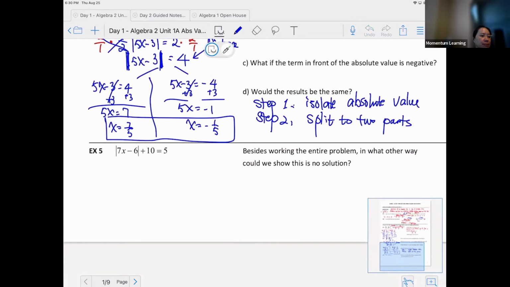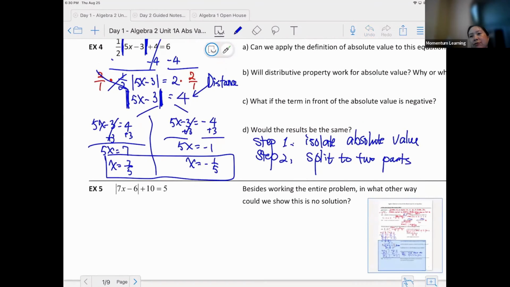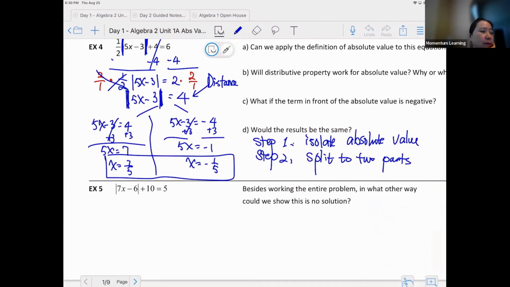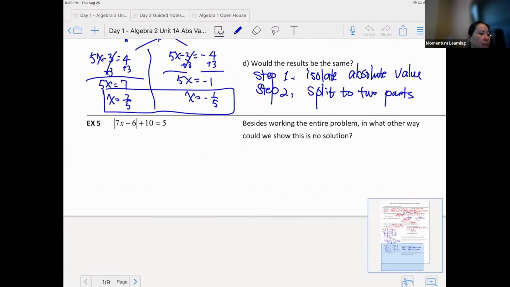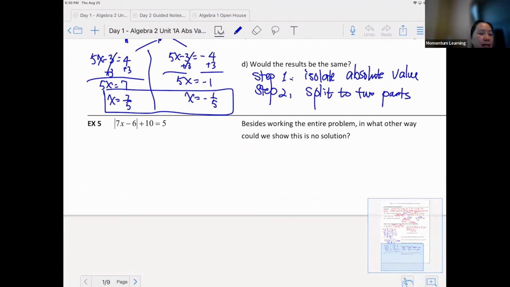Now example 5. Any questions so far? Any question about examples 3 and 4? I want you to start thinking about example 5.